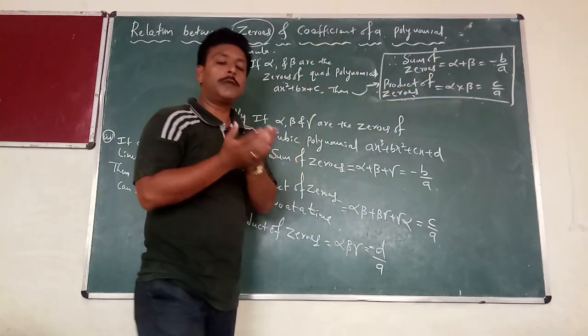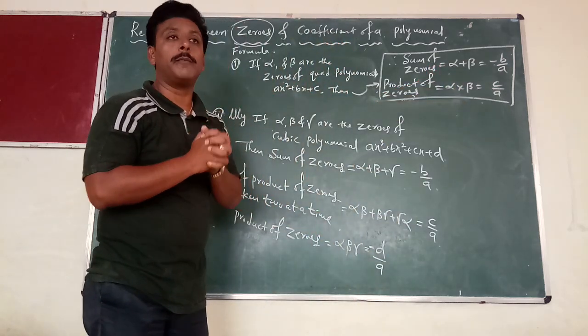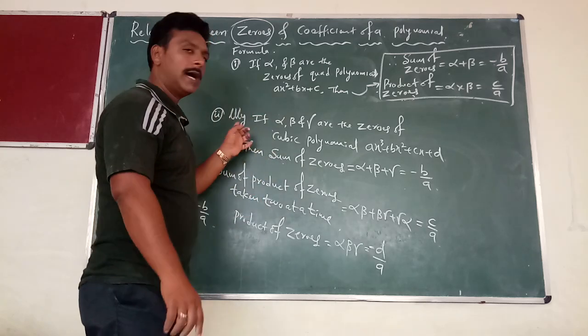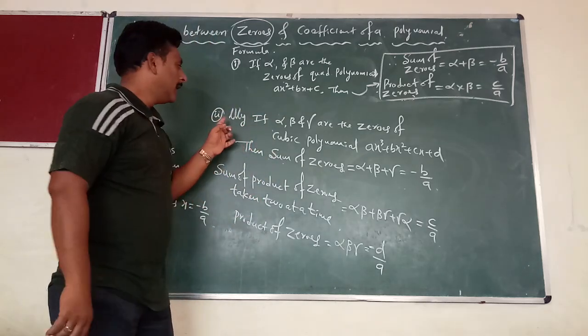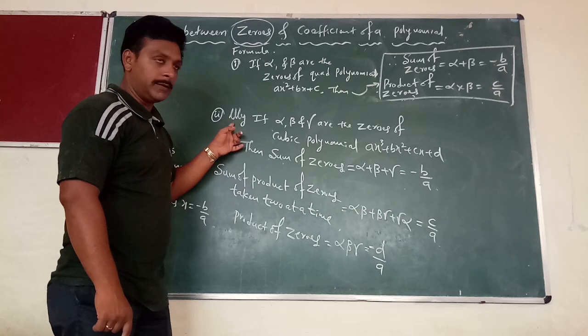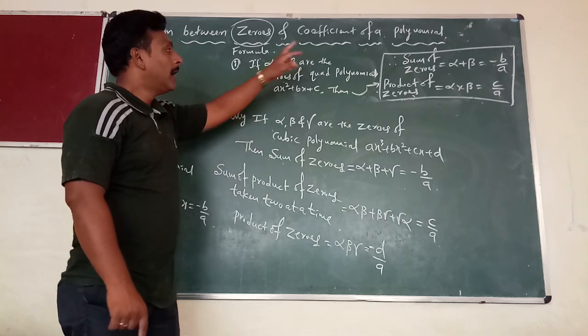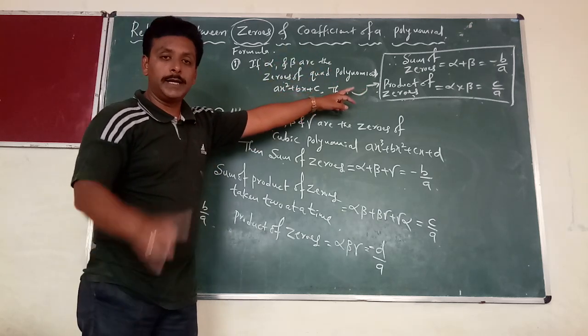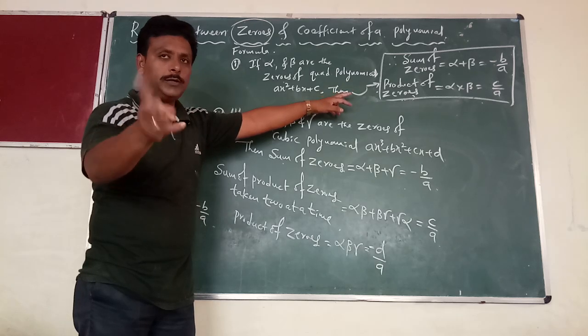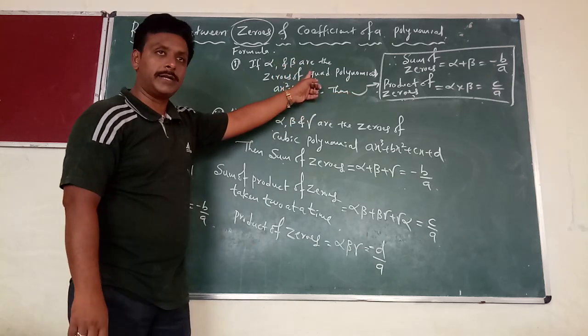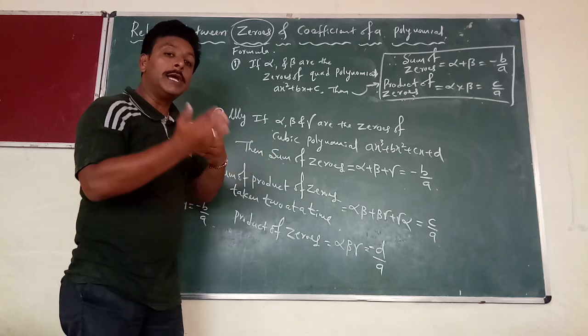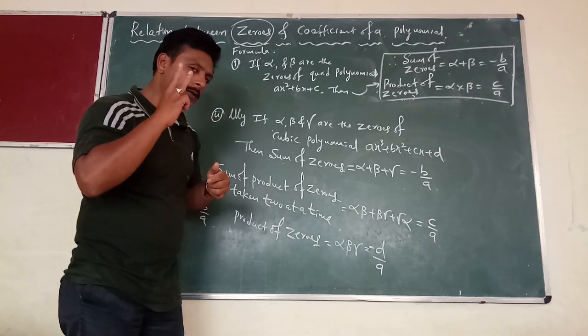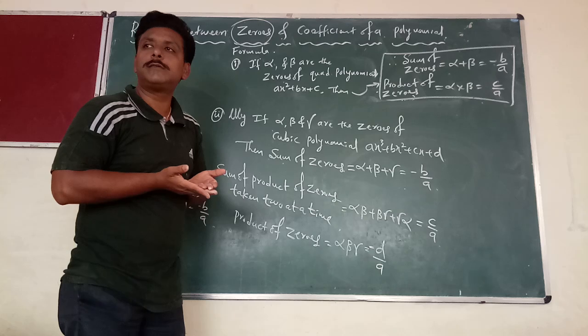Similarly, a quadratic polynomial has degree 2, so there should be 2 zeros. That's why I have taken alpha and beta. If I take a cubic, the degree is 3, so there should obviously be 3 zeros.